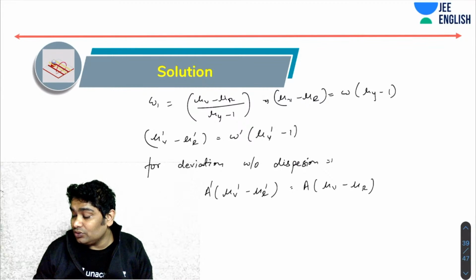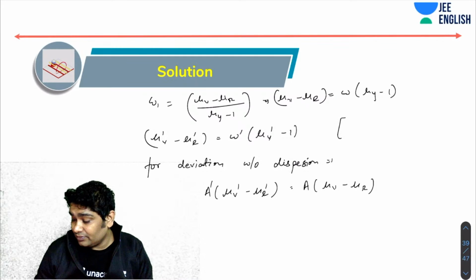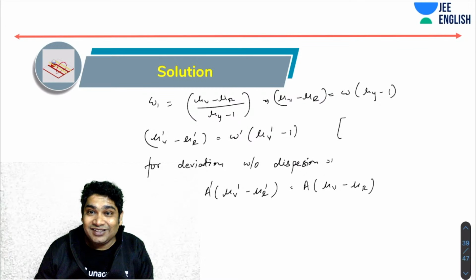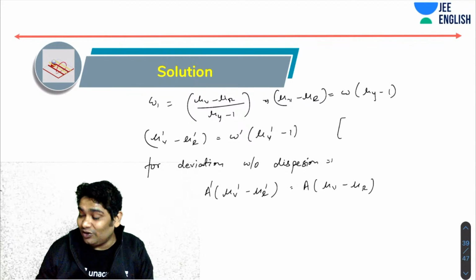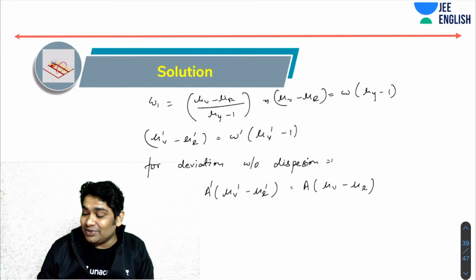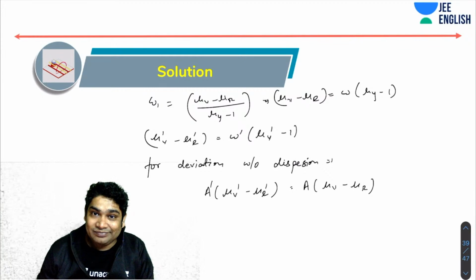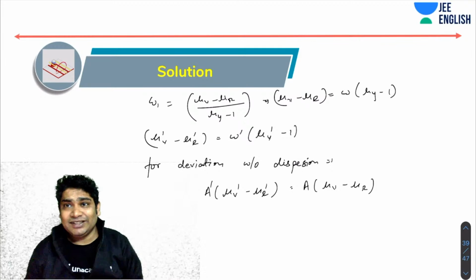And also you will realize, that's very simple, that the mu that you have been told is already the refractive index for yellow. So just substitute those values and that is it. Sorted. I hope everybody followed this.